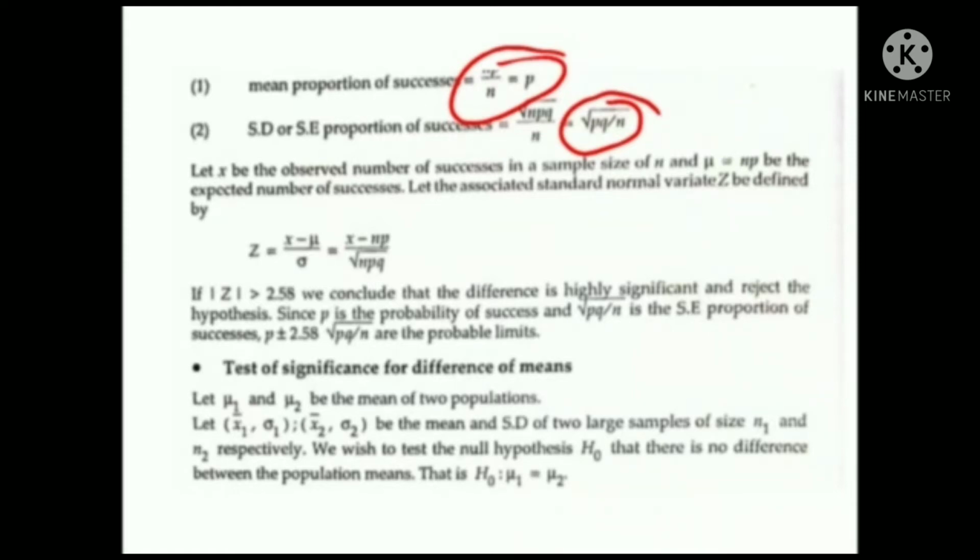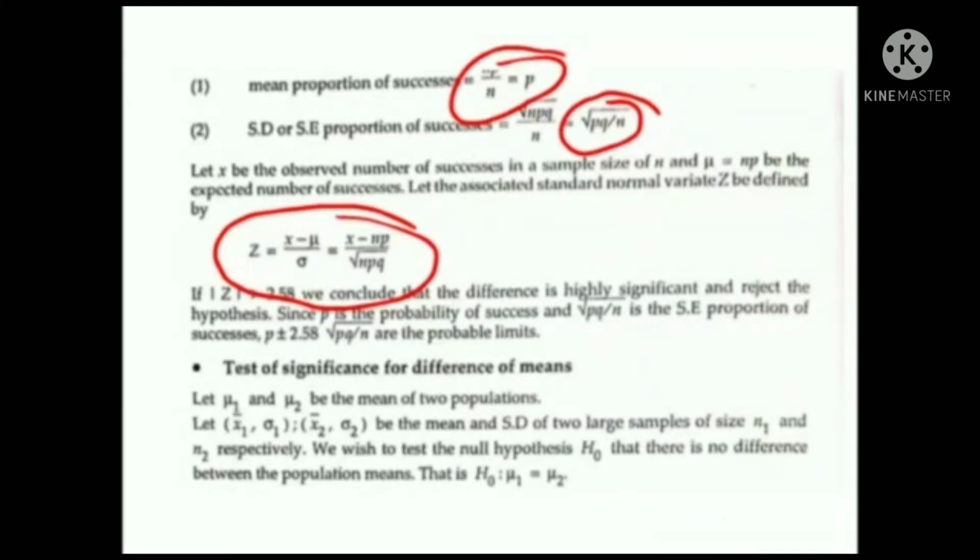Now consider the test statistic Z, the standard normal variate, whose formula is Z equal to x minus mu divided by sigma, where x represents the observed number of successes, that is, in the practical situation how many times success is achieved, and mu represents the mean number of successes from the theoretical part.